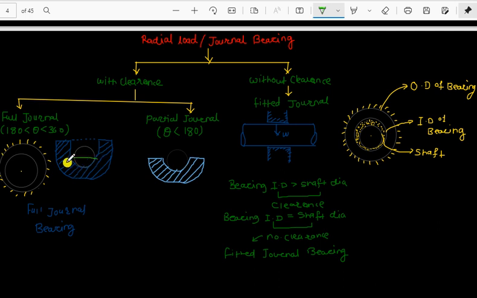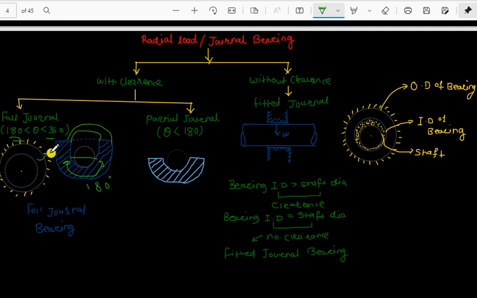Here you can see this angle enclosed by this bearing is greater than 180 degrees, and in such a case, if this angle enclosed is greater than 180 degrees and less than 360, that means if this would be a complete circle, then we can call it completely enclosed.